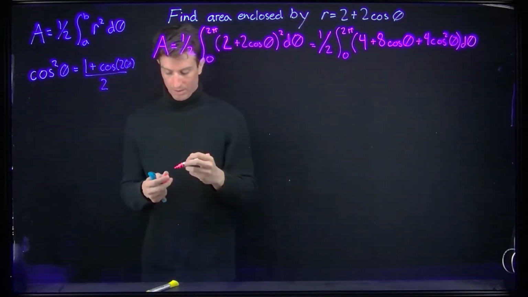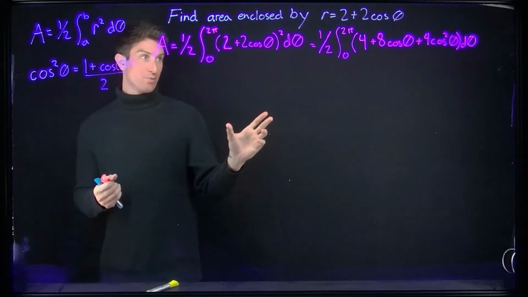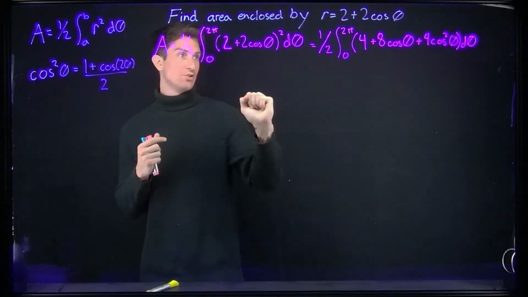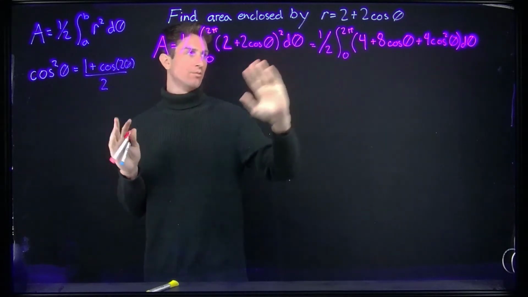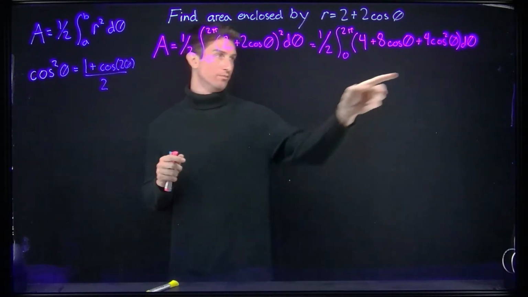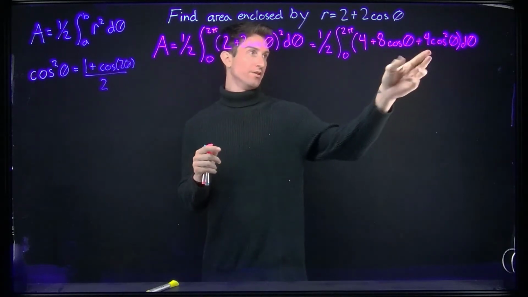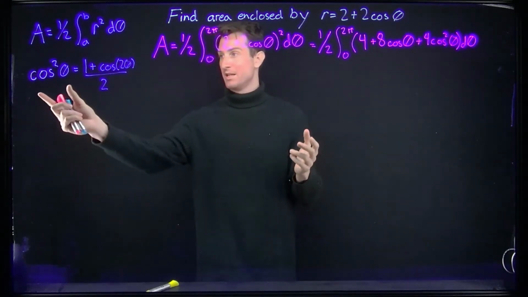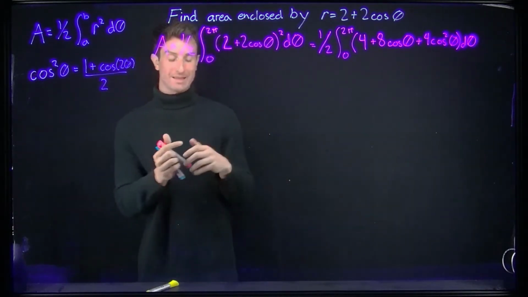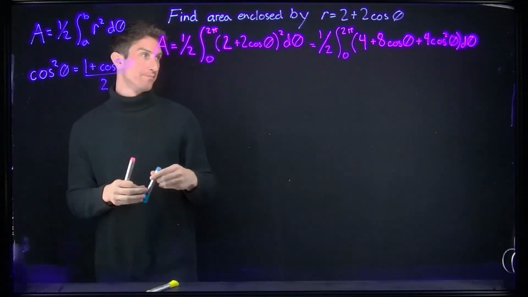Okay. So that is the first part. Again, similar format to our last problem. Notice when we're doing the integration, integrating 4, no problem. Integrating 8 cosine of theta, no problem. 4 cosine squared, well, what do we do with that? Luckily, we have our trig identity, so we're able to make that replacement. Let's do that now.